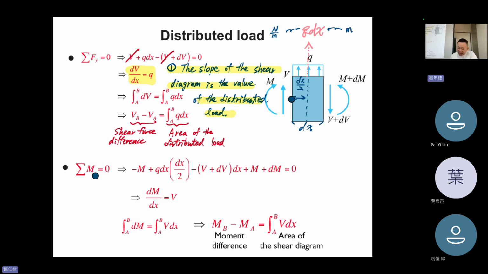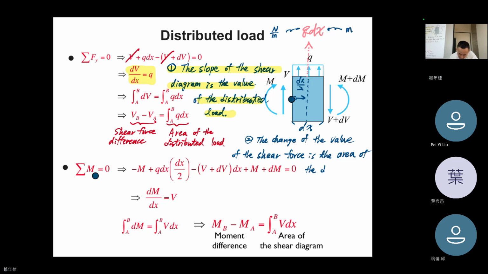So simply speaking, it is the area of the distributed load from point A to point B. Okay, so we have another conclusion: the change of the value of the shear force is the area of the distributed load.